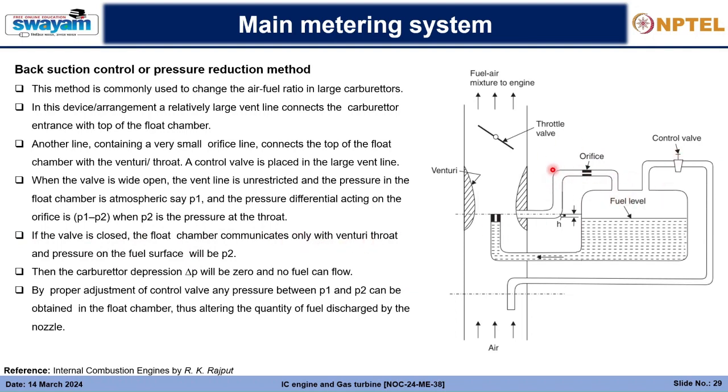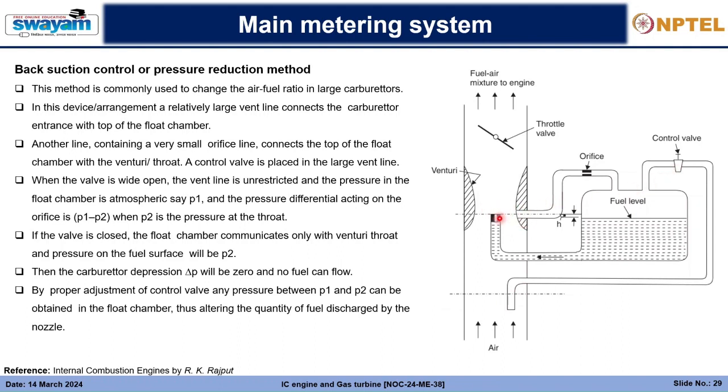Now, due to this pressure difference P1 minus P2, the fuel actually will continue to move from the float chamber through the orifice into the venturi. And when the control valve is closed, this section will not be connected to the float chamber. And accordingly, the pressure here will not be equal to P1 because it is not connected anymore.